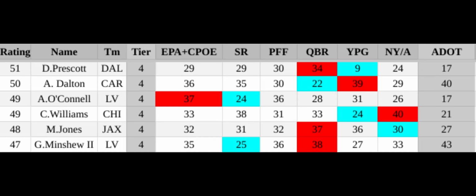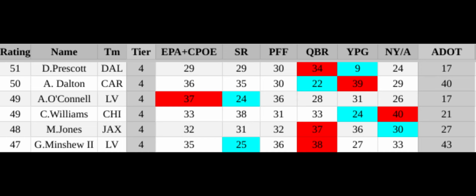He is like Gardner Minshew, but just a little bit more athletic and a little bit better of an arm, I would say. That's why I think with Minshew, they're rather similar. Their statistical profile is also very much overlapping.